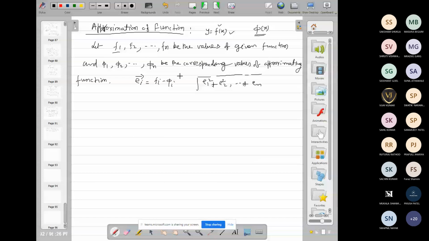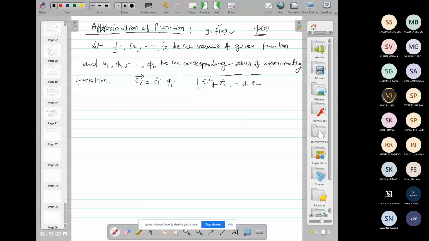So this is the advantage. Actually we need to store less data to obtain the value of the same function, correct up to the same number of digits, than by using Taylor series expansion.